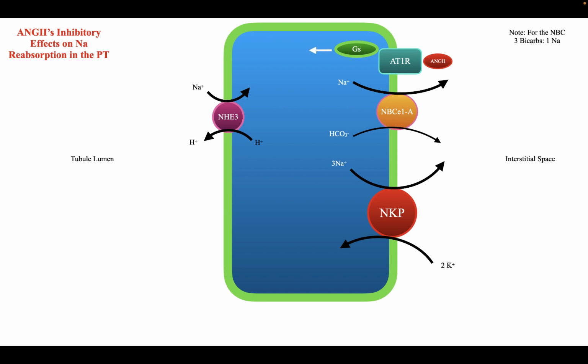Adenylate cyclase causes an increase in the level of cyclic AMP in the cell, and this increase in cyclic AMP increases the activity of protein kinase A. Now, when the activity of protein kinase A is increased, this inhibits NHE3. As a result, NHE3 brings in less sodium into the cell, therefore decreasing sodium reabsorption.